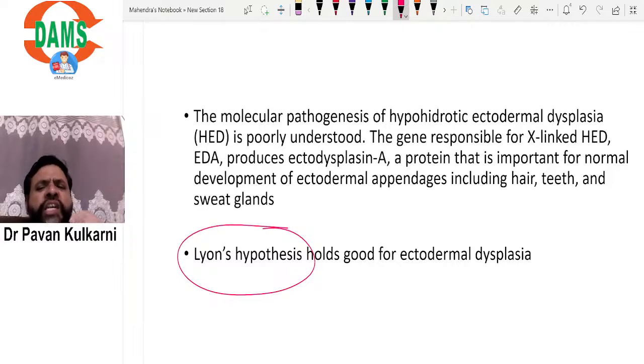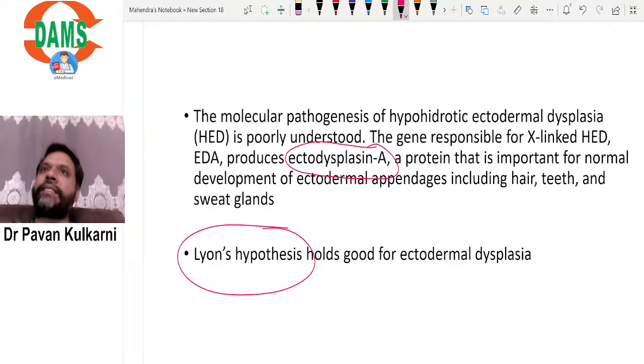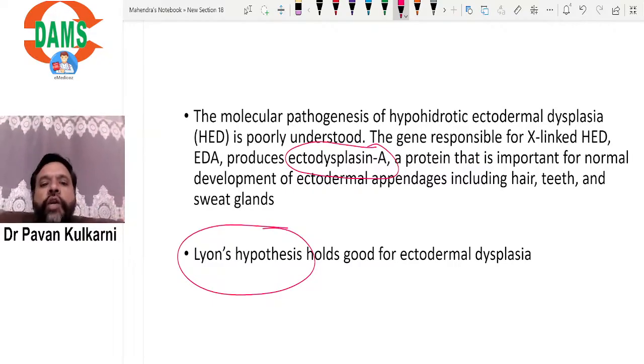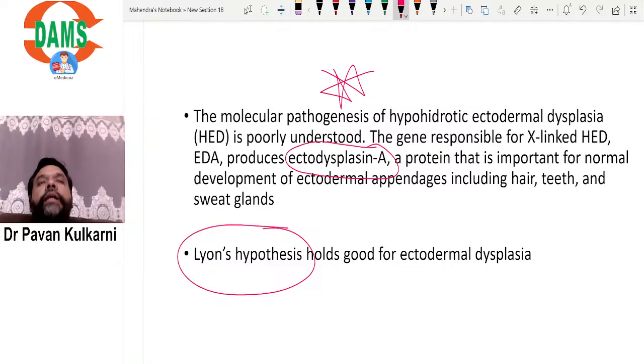Now what is the gene responsible for this? Ectodysplasin A. You have to remember this gene. Sometimes they won't ask you the mode of inheritance. They can ask you this gene also. So please remember this name of the gene.